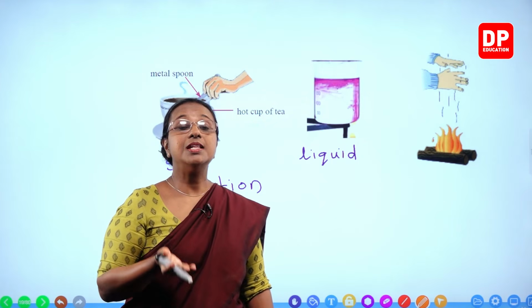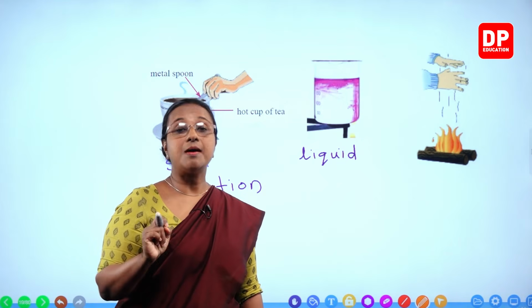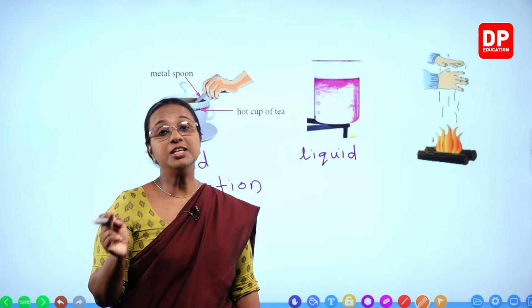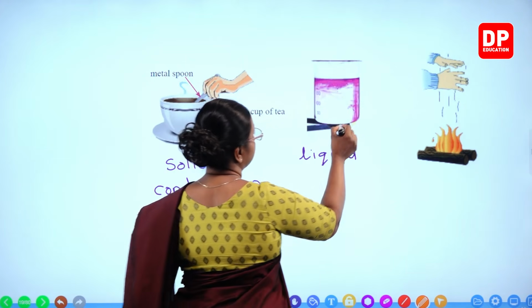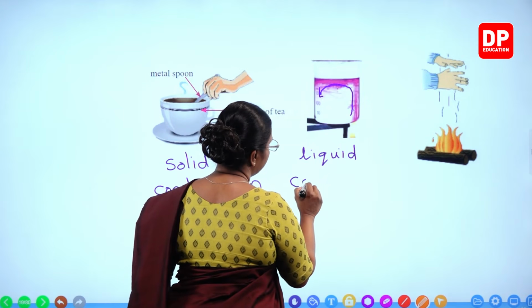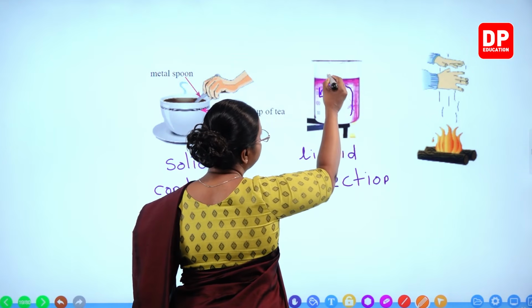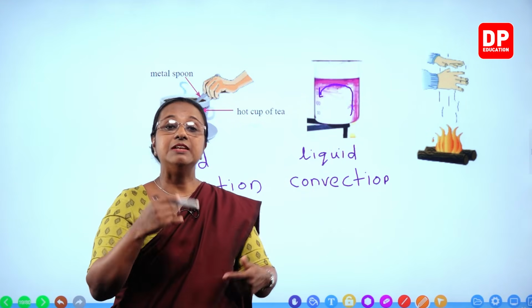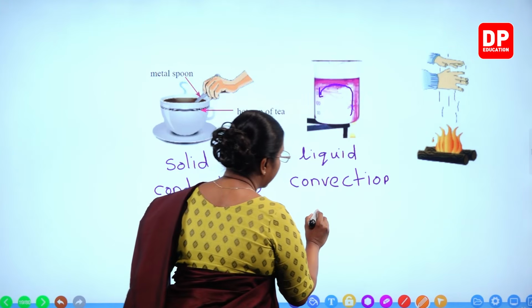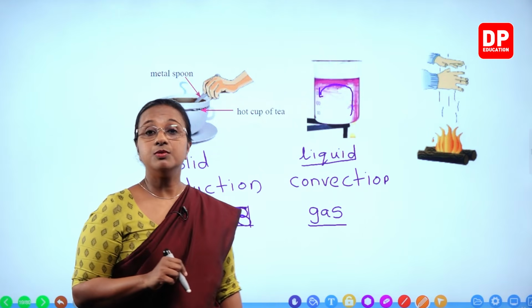In a liquid, when the particles at the bottom get hot, the hot particles move upwards. And this movement of hot particles is known as convection current. And this process where the hot particles are moving in this manner is known as convection. So the hot particles move up, cool particles move down, then heat will be transferred within the liquid. Same thing happens in gases also. So in liquids and gases, it is convection.